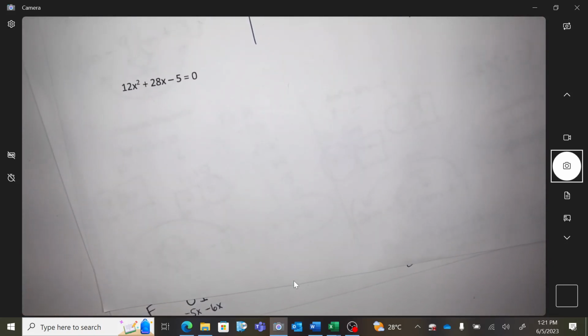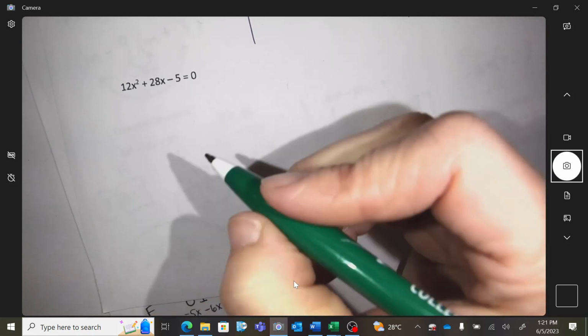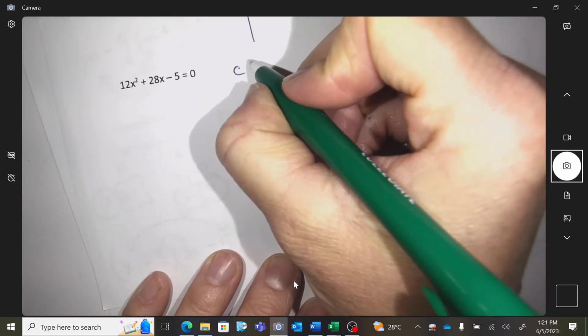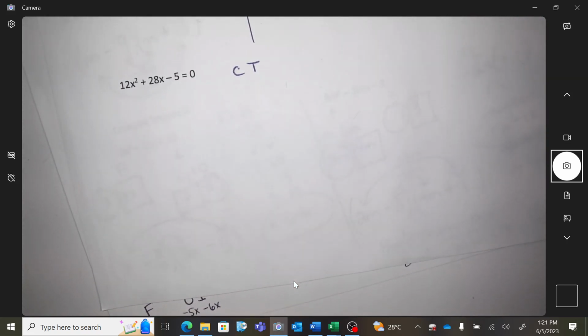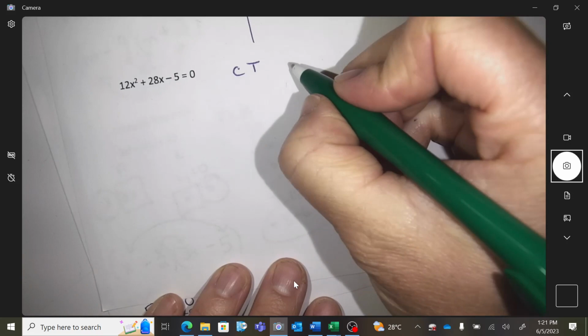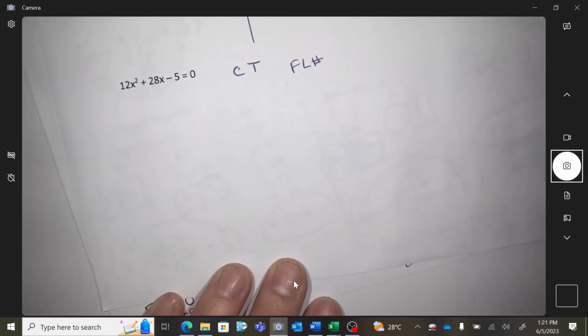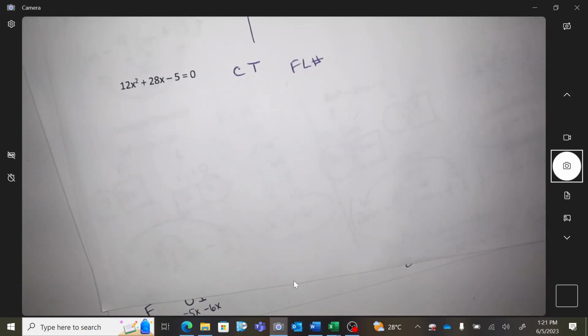One more question. So this one is called a complex trinomial. We had just said, let's do a FLA number to start it out. Does anybody know 5 times 12? 60.